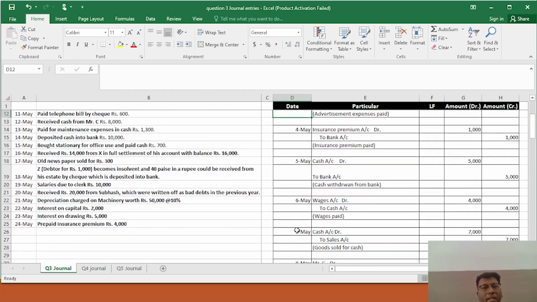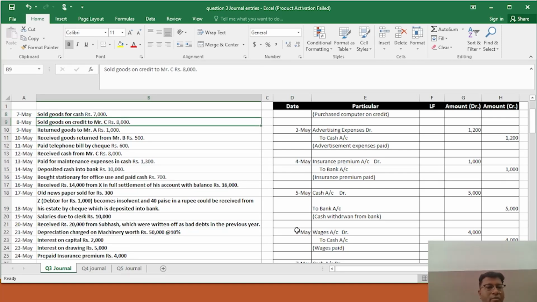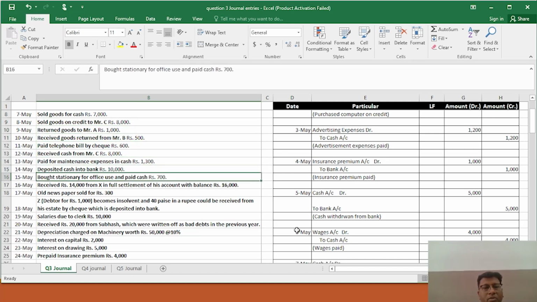So that is the particular transaction. Making the entries is not a very Herculean task if you are aware of the general entry rules, as I told you: there are three types of accounts and each account has some rules for making the entry. First you have to identify what the transaction is, whether it is related to assets, expenses, incomes, gains, whether it involves some parties or not, and whether it is a cash transaction or credit transaction.